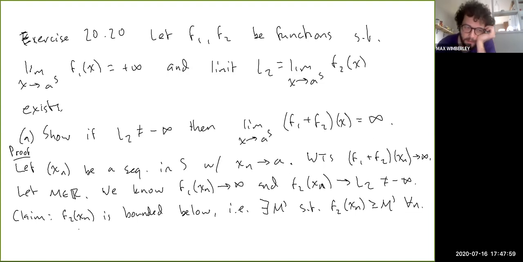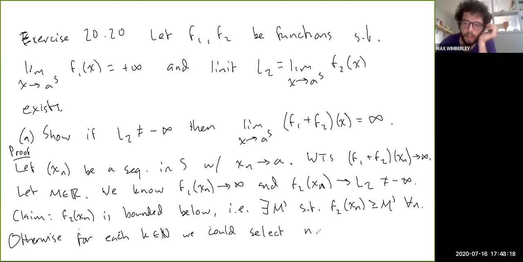So the reason for this is that otherwise, for each, let's say for each k, we could select n_k so that f2 of x_{n_k} would be less than negative k.